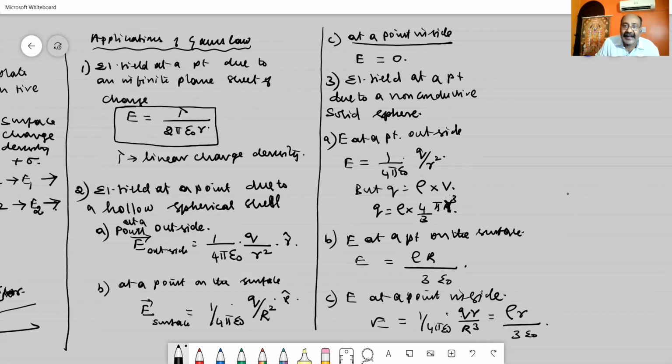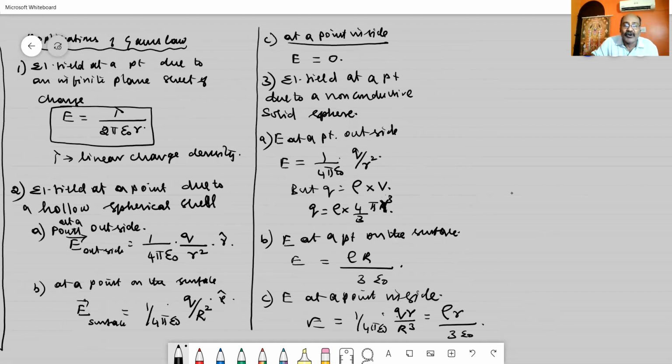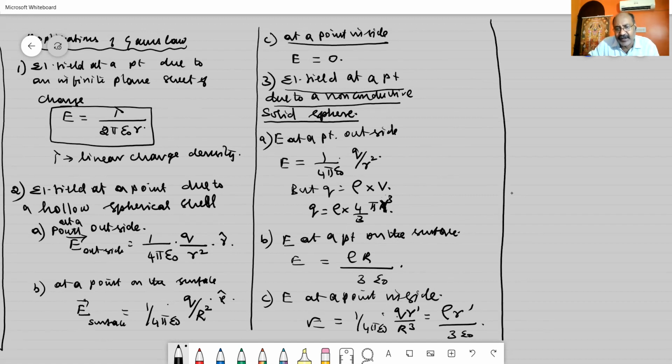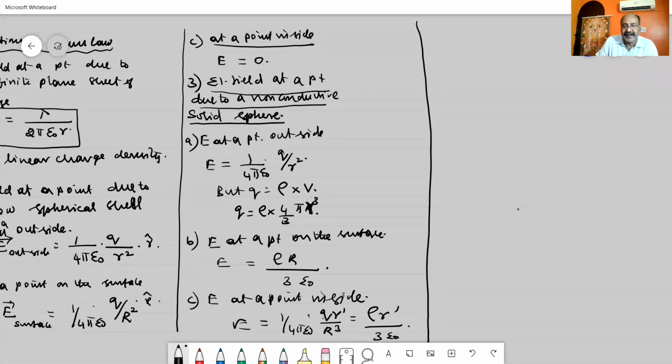This is the electrical field at a point due to R dash. If you are taking the distance as R dash, then we have to write it as R dash. If you are taking the point distance as R, then we have to take it as R.